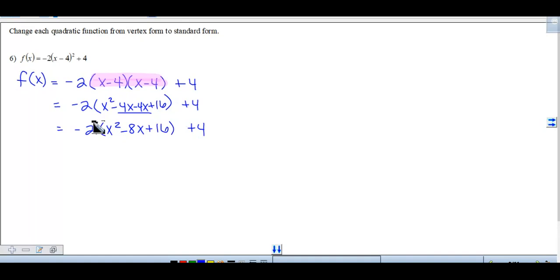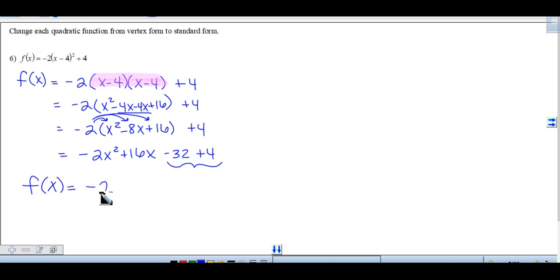I must start by distributing this -2 so that I can free up what's in the parentheses. This gives me -2x squared plus 16x minus 32 plus 4. Final step is to combine our constants, and then we'll be done. So f of x is equal to negative 2x squared plus 16x minus 28.